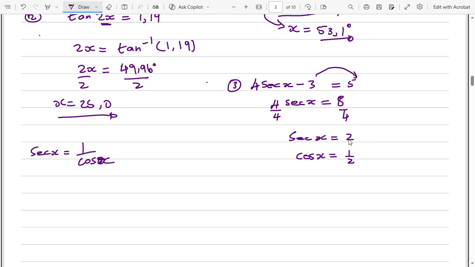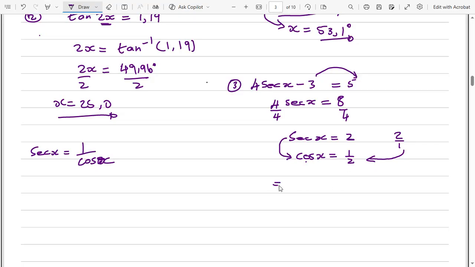Remember, the reciprocal of sec is cos, so sec changes to cos. And the 2, remember it's over 1, so it switches and becomes 1 over 2. So now we write it as cos x is 1 over 2.